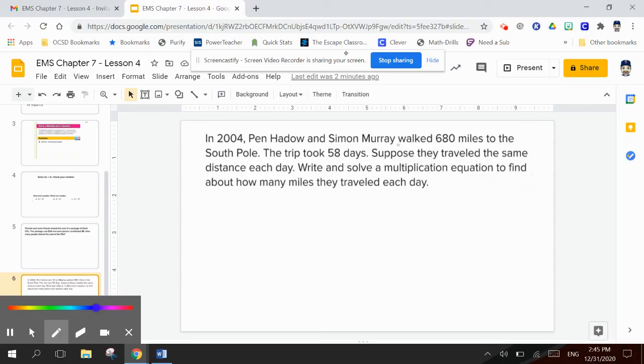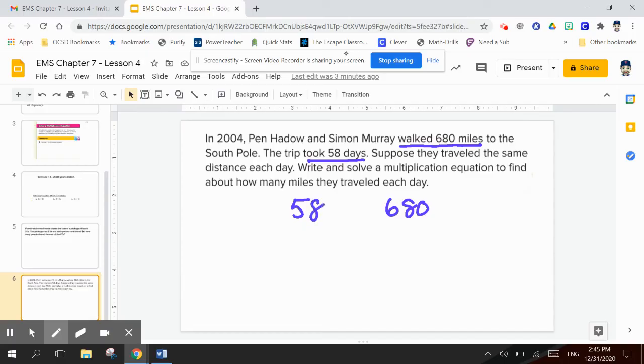So, Hadow and Murray walked 680 miles. That's our total. It took them 58 days to do that. We are trying to find how many miles they traveled each day.